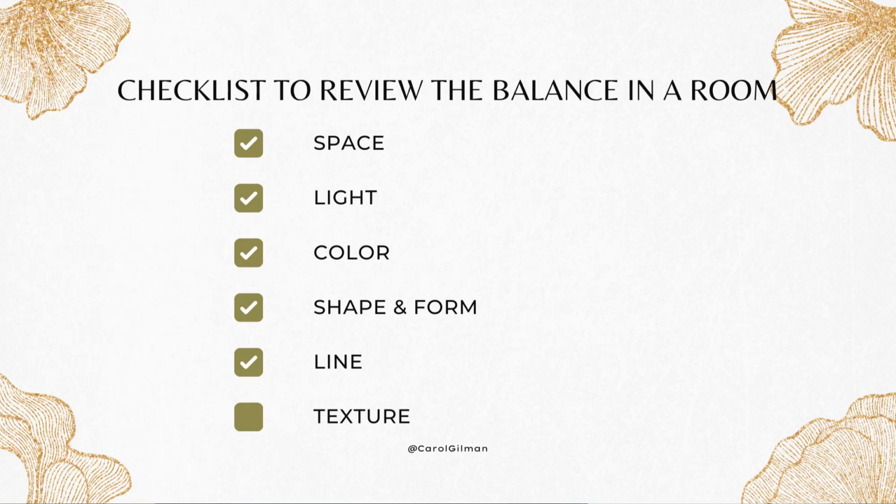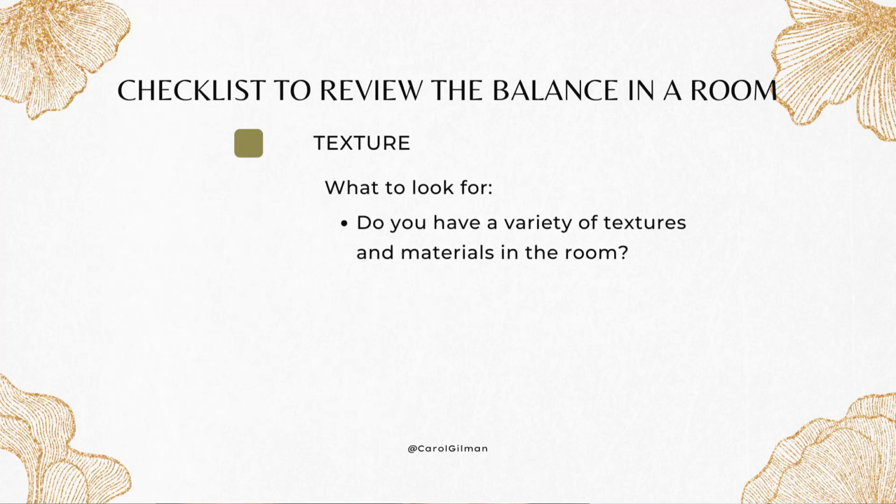So when we use the lens of texture to look at the balance in our room, we want to make sure that there is variety of textures in our room. There's repetition, but also variety. So when you're looking at your room, take notice of all of the different textures, all the different materials and the textures that all of these different materials have.